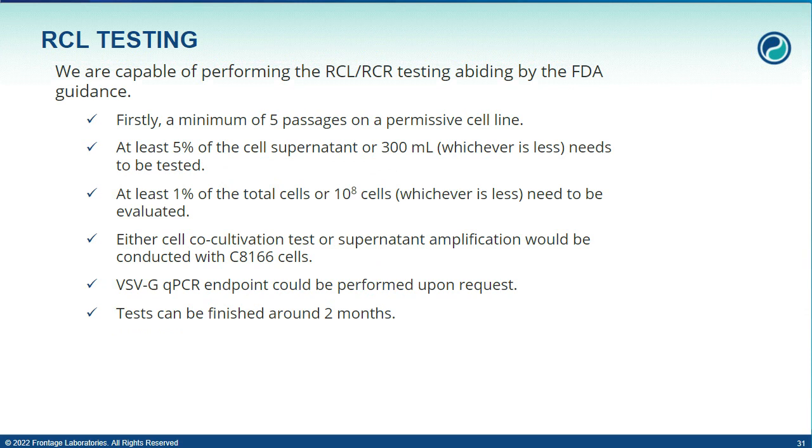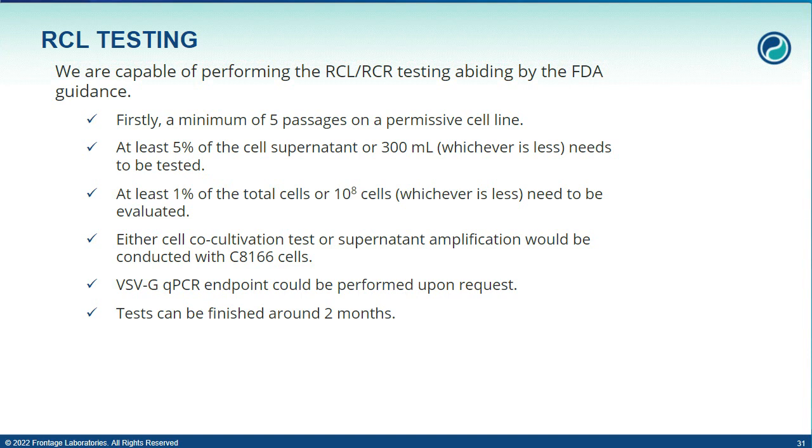In Frontage, we are capable of performing the RCR testing abiding by the FDA guidance. So firstly, a minimum of 5 passages of permissive cell line, at least 5% of the cell supernatant of 3 ml needs to be tested. At least 1% of the total cells or 10 to the 8 cells need to be evaluated for EOPC cells.